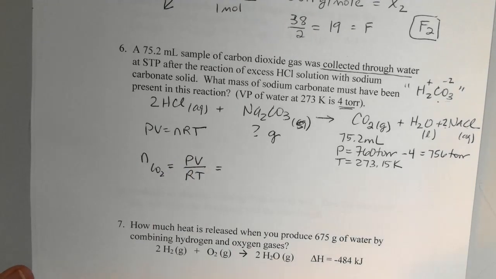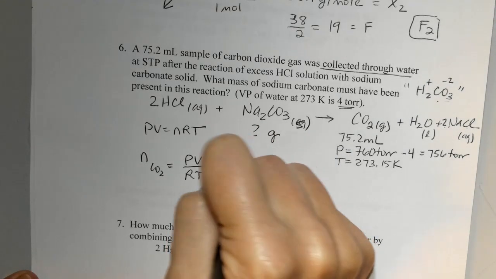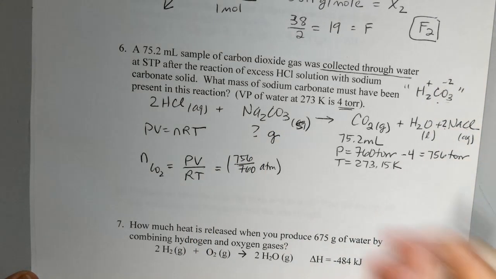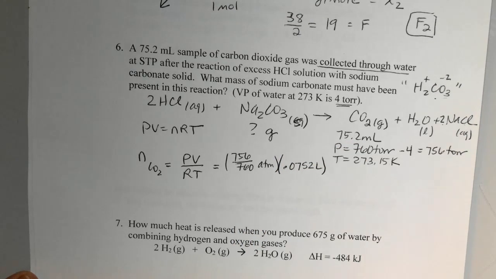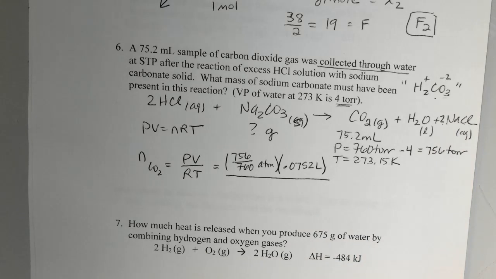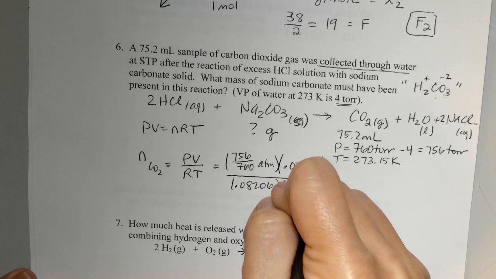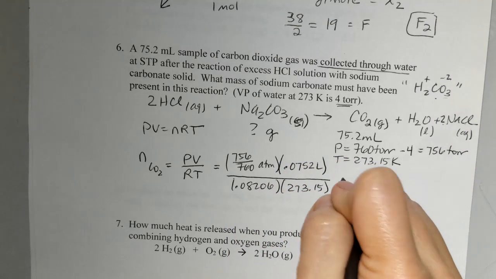Now remember, when you're in PIV-NERT, the units matter. So the pressure of 756, I would have to divide by 760 to get it into atm. Volume has to be in liters, so I'm going to divide that 75.2 by 1,000, so 0.0752 liters. R, 0.08206, and temperature in Kelvin, again, 273 or 273.15.